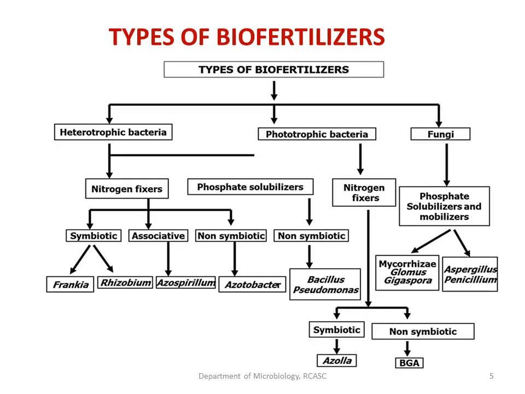Now, coming to the types of biofertilizers, how can we classify these biofertilizers? We can classify them as bacterial, algal, and fungal based on the type of organism we are using as a biofertilizer, and also for the purpose for which we are using them. It can be classified into bacterial or heterotrophic bacteria, photosynthetic bacteria, and fungal.